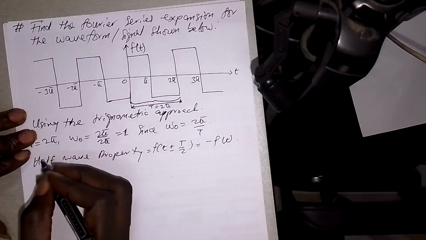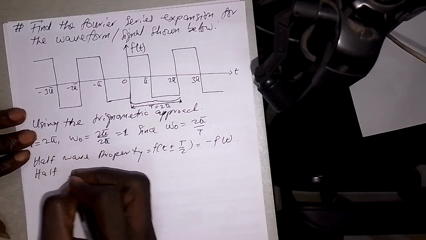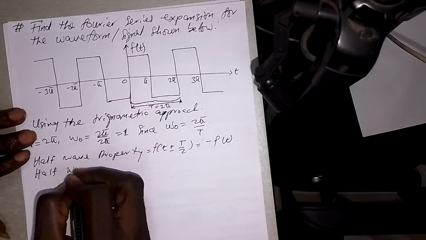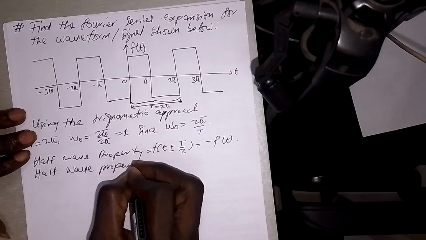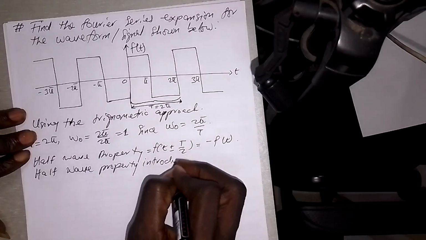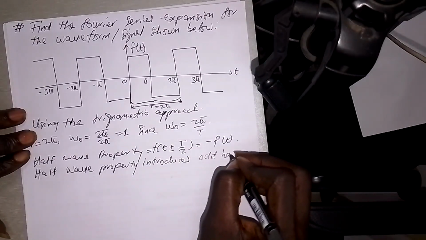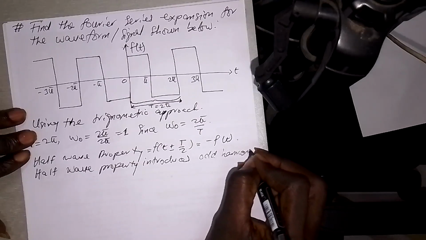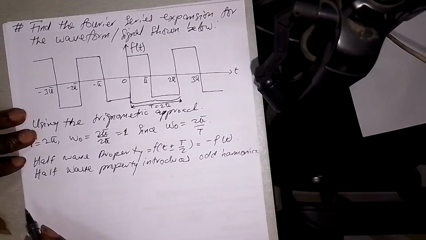Alright? So any signal that obeys the half-wave property will have odd harmonics. The half-wave property introduces odd harmonics. Okay, it introduces odd harmonics.